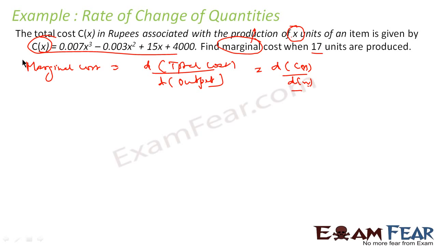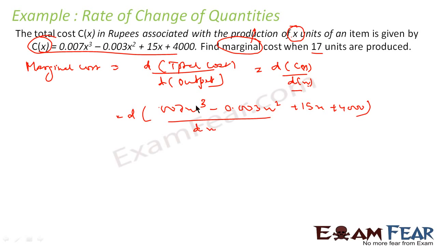So here I have to just find d of C of x by dx, that is d of 0.007 x cube minus 0.003 x square plus 15x plus 4000, the whole thing by dx. Just differentiate this. x cube becomes 3x square, x square becomes 2x, 15x becomes 15, and the constant becomes 0.